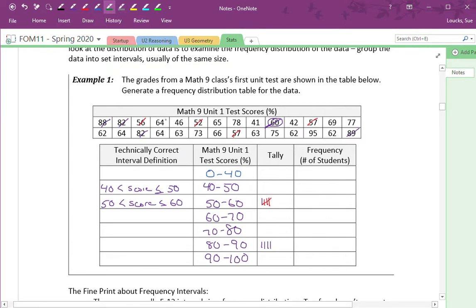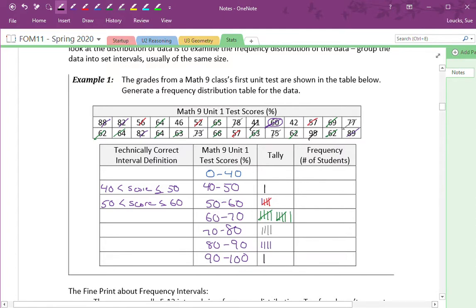Let's do the 6s. 1, 2, 3, 4, 5, 6, 7, 8, 9, 10, 11. Lots of those. The 7s, 1, 2, 3, 4. And then I've got 1 in the 40 range and 1 in the 90 range.